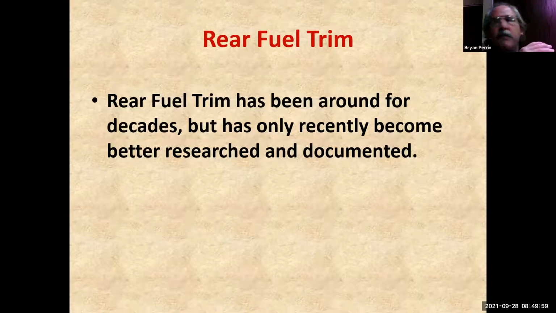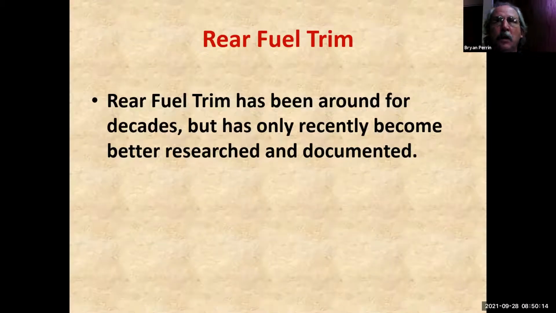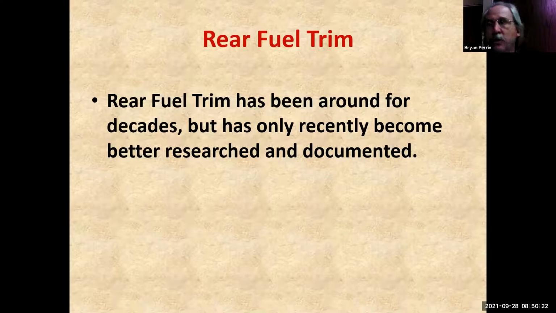I know a couple of manufacturers that were doing it in 95: Volvo and Range Rover both did it in 95. How do I know this? Because that's what fixed the car. I was able to prove that that system was working. By the time we get to 2000, manufacturers like BMW and others are using it. Toyota's used it forever. By the time we get to 2010, most manufacturers use this strategy.